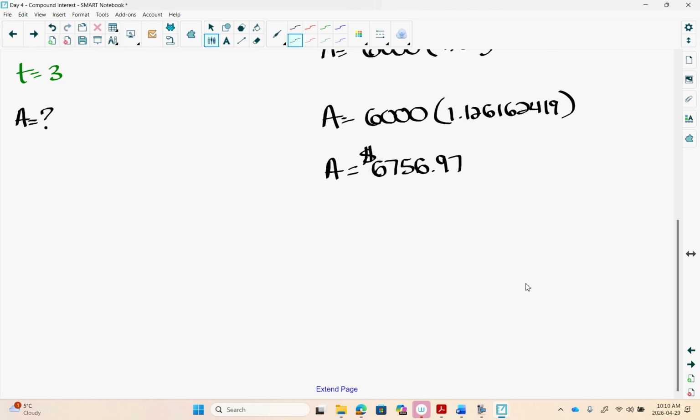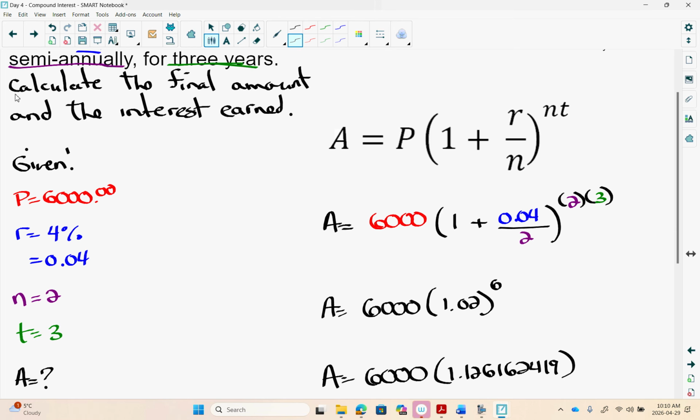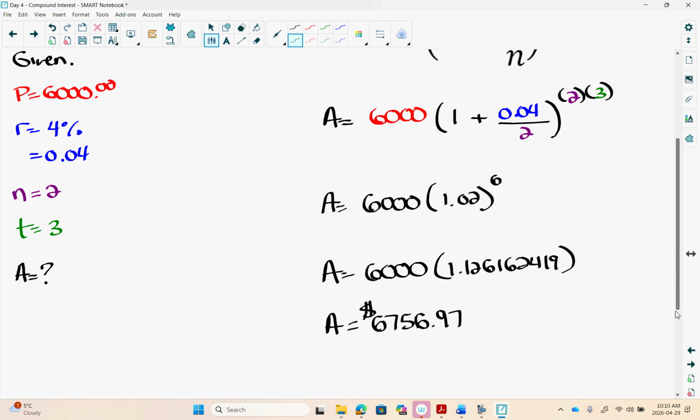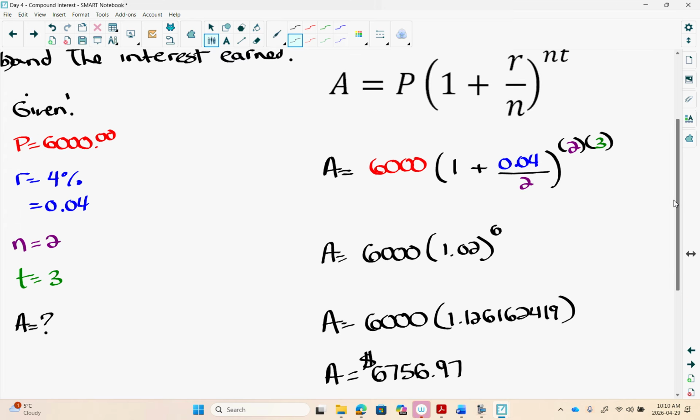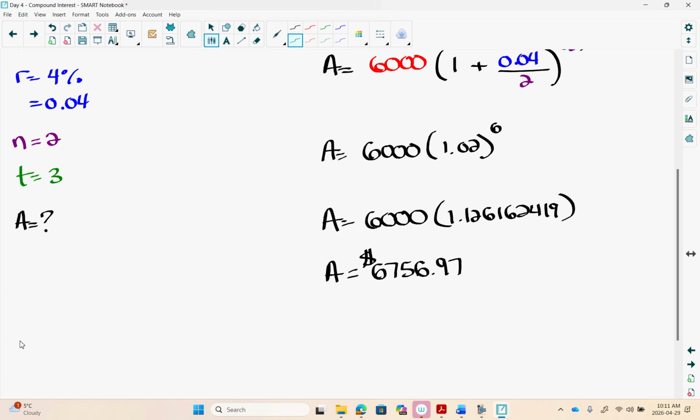So there's the answer to part 1. We'll call it part A. Calculate the final amount. And part B, the interest earned. So this is part A. How would I do part B? How do I calculate the interest?